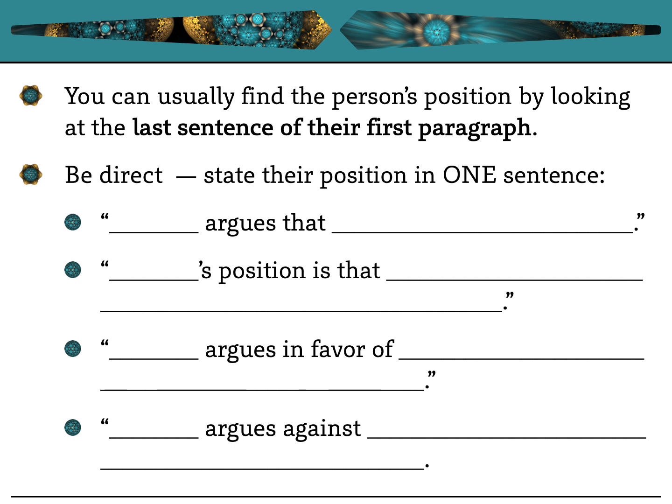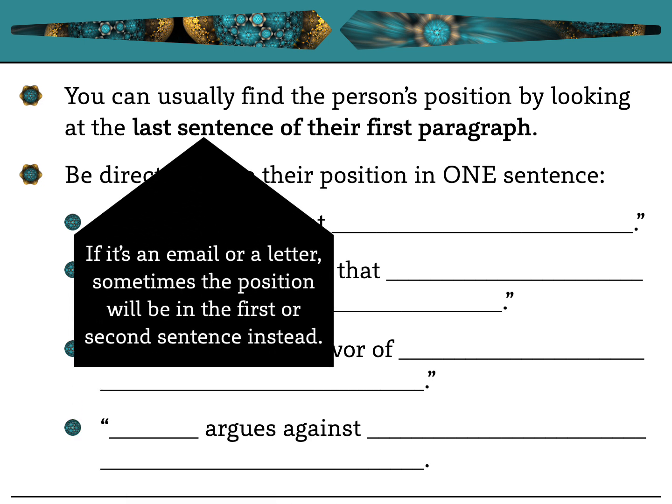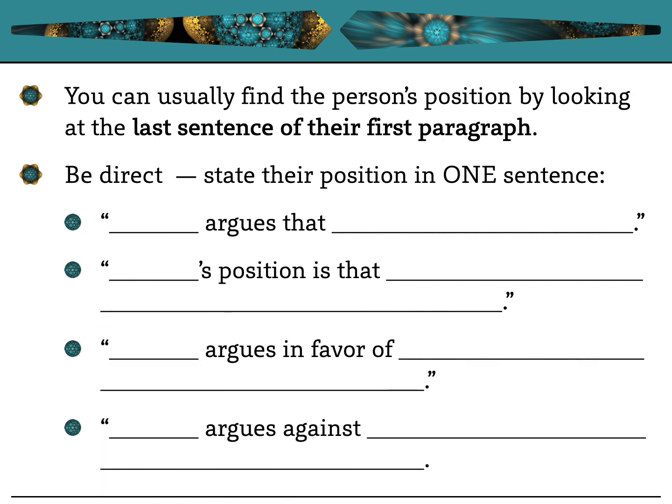So if you get a letter or an email as one of your passages, sometimes the position will be the first or second sentence instead of the last sentence of the first paragraph. More formal things like a speech, it's pretty much always the last sentence of the first paragraph because that's considered the standard. All right.